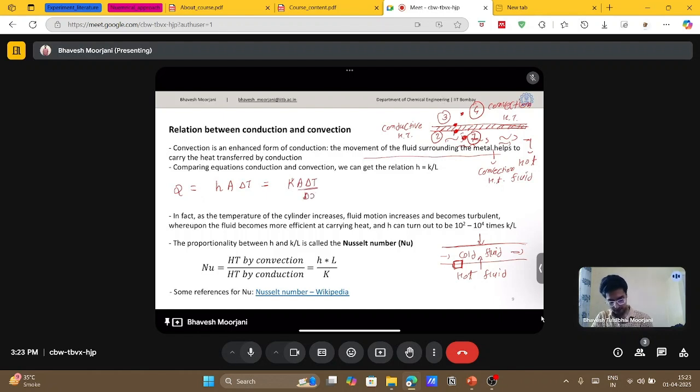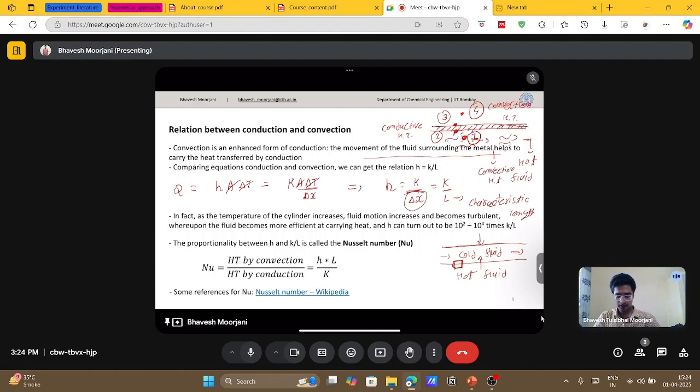Now for a moment, see here the area is constant. Let's consider temperature difference is also same. Then we will get that heat transfer coefficient is thermal conductivity divided by delta X, or you can replace this delta X with L, where L becomes your characteristic length, which depends upon the geometry of your system.